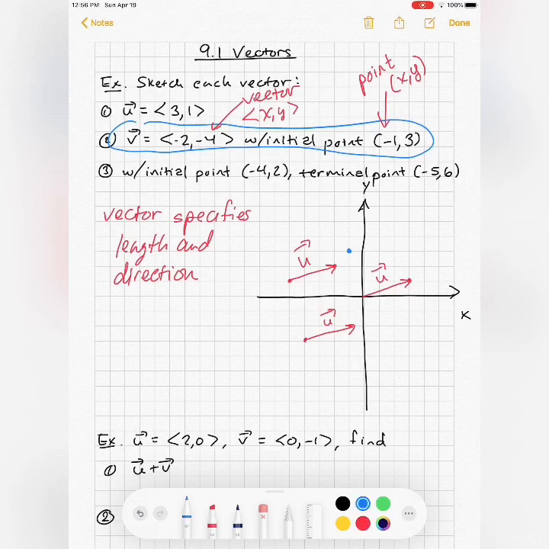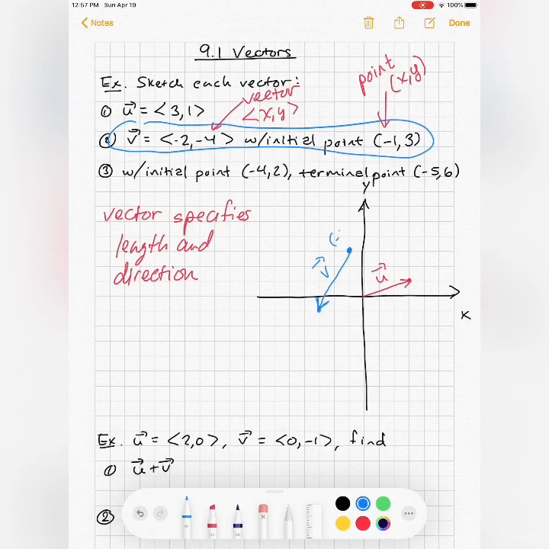Okay, so from my initial point, negative 1, 3, what do I have to do? I have to go left 2 and down 4. So looks like I would land here. Okay, now the vector is pointing in this direction. Okay, so let's see what else I can fill in. So this is the vector v.